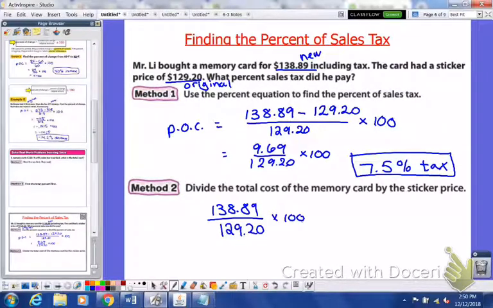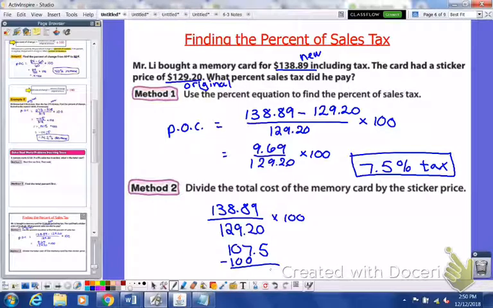Now if I just stick this in my calculator all at once, so 138.89 over 129.2, put it in as a fraction, that times 100, you'll see that we get 107.5. So we paid 107.5%. If I want to know what just my tax is, well, my price was 100%. So if I take out the percent of my price, what are we left with?